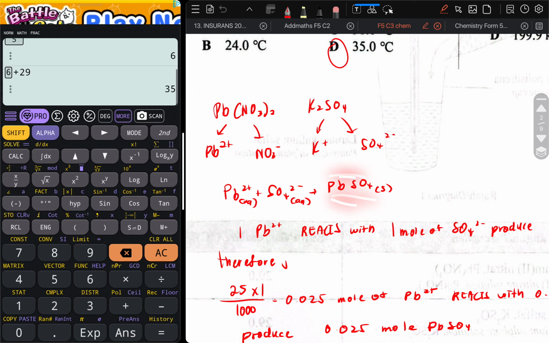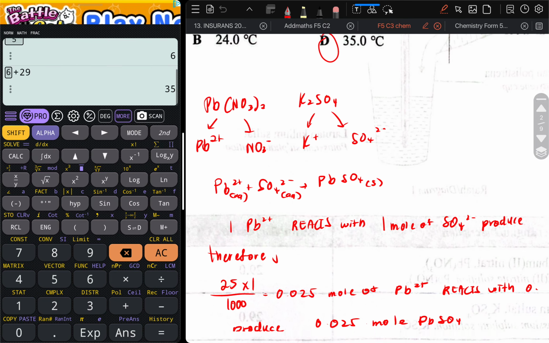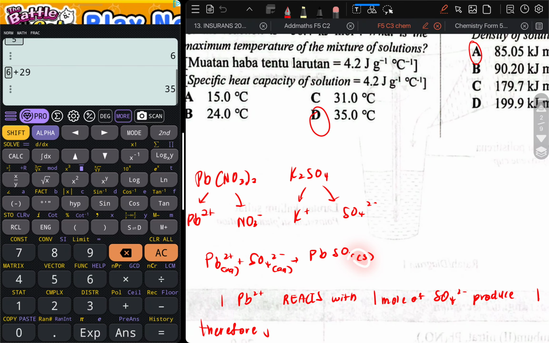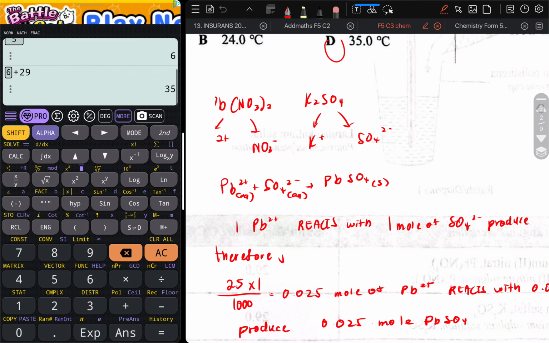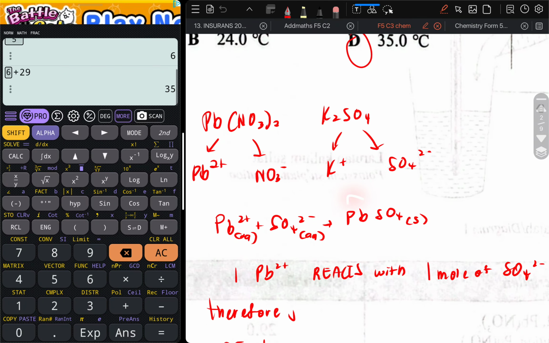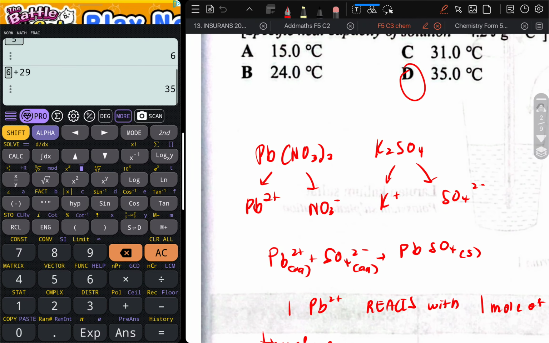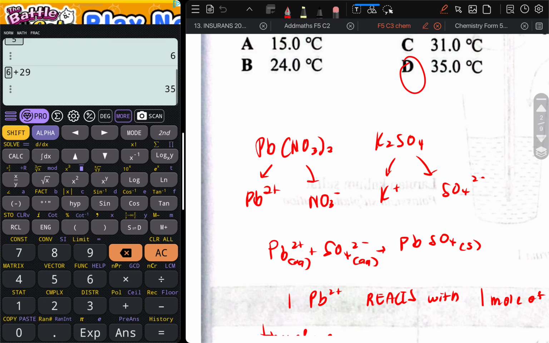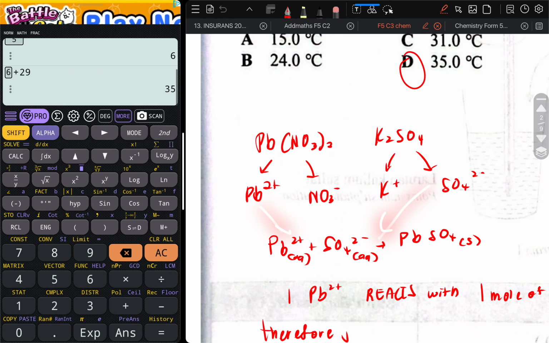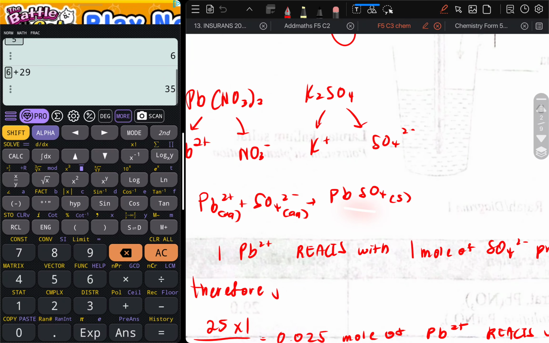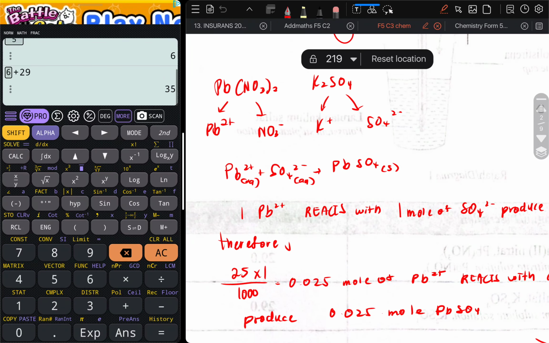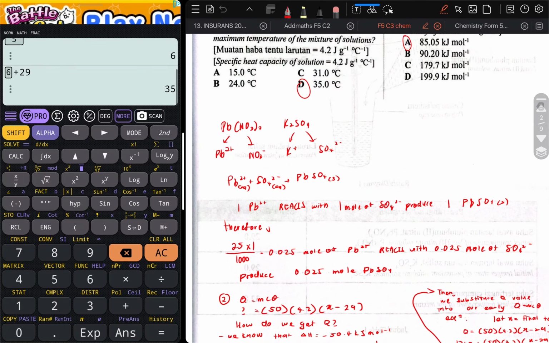PbSO4 is most probably formed, which is a solid, a type of precipitate. So how do we create PbSO4? You take Pb from this Pb(NO3)2 and you take SO4 from this K2SO4, then you combine them together, so you have this.